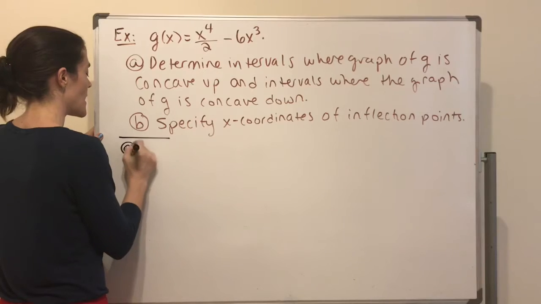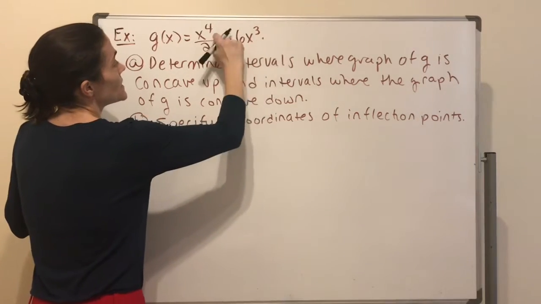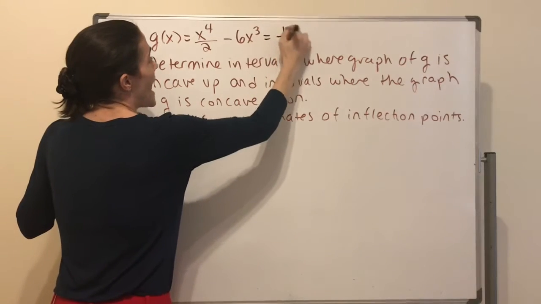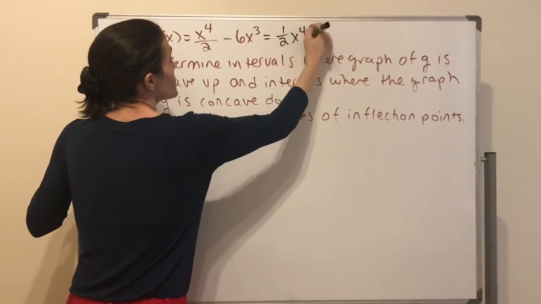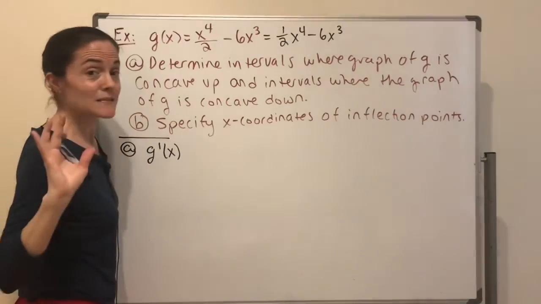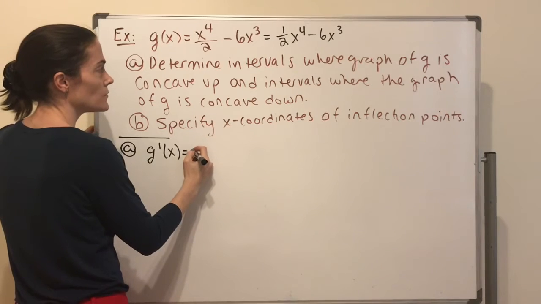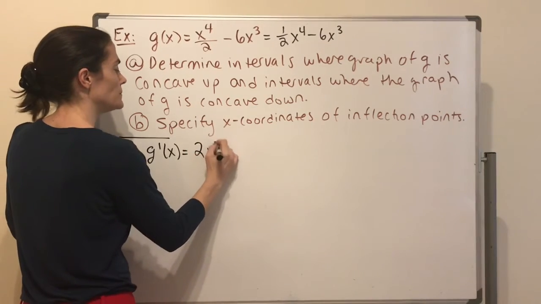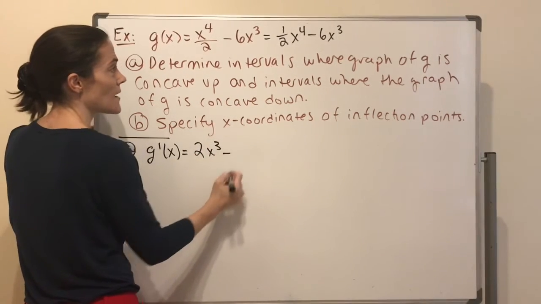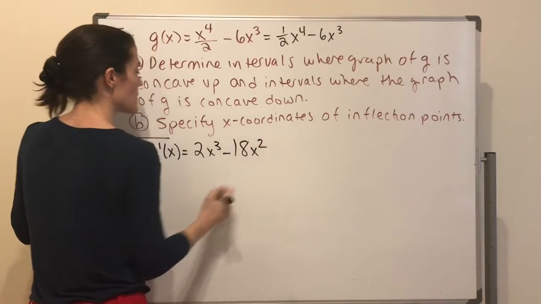So part A, well, this is a half x to the fourth. Right, so when you differentiate, this is power rule, this becomes, well, 4 times a half is 2, x cubed, and then we have 6 times 3, 18, x squared.